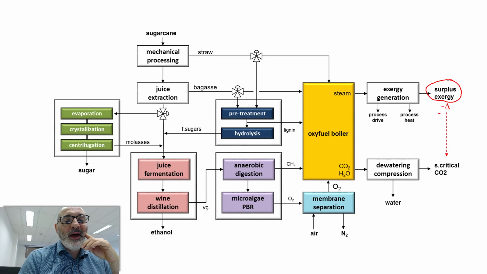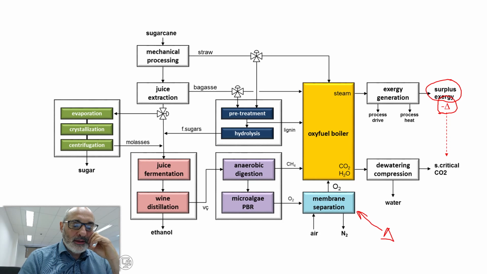electricity. This minus delta means that we're going to invest in the separation process here in order to produce supercritical CO2, as I was showing.